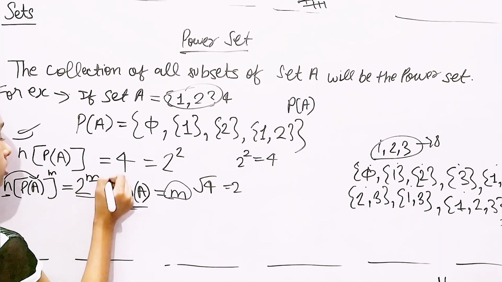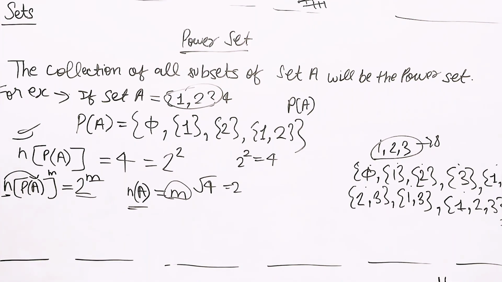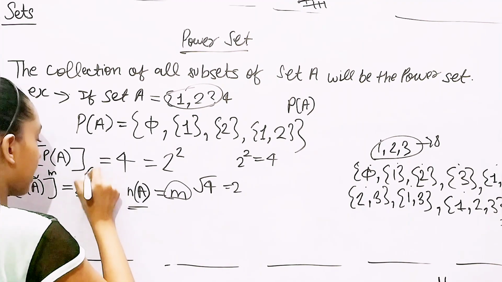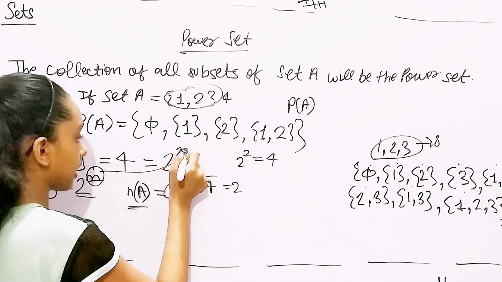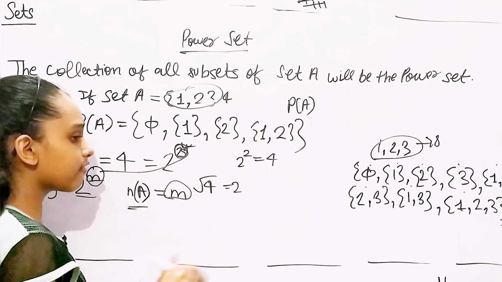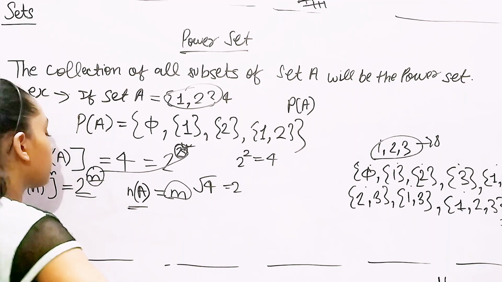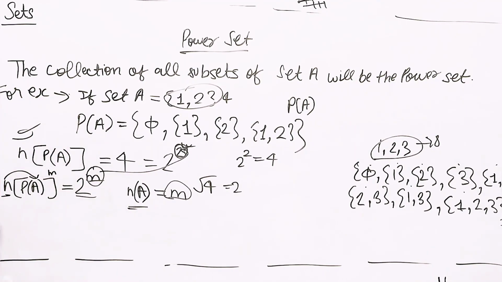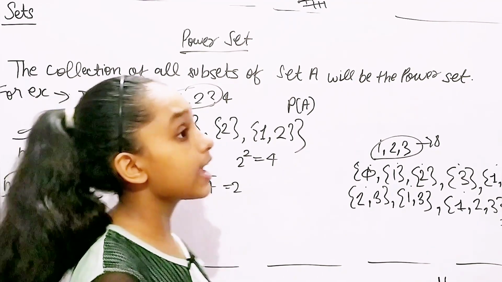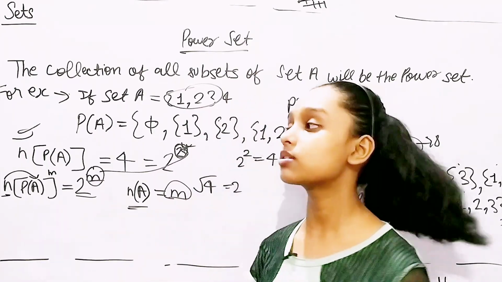So this is going to be 2^m, isn't it? So the number of elements in set A is equal to m, and the number of elements of P of A is equal to 2^m, right? This m can be 2, or whatever. But I would like to say that's it in this video.